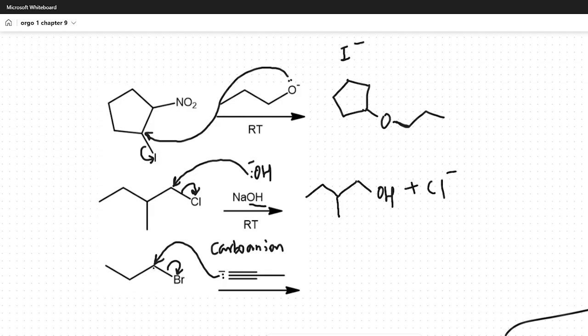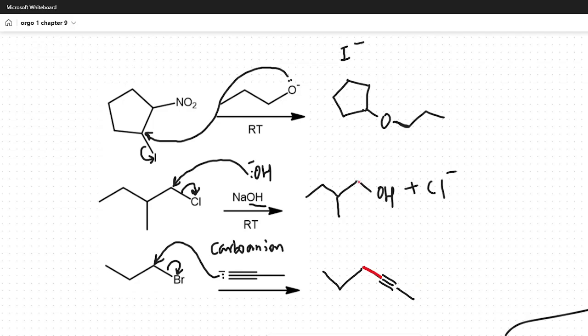So this pair of electrons goes to this carbon, resulting in this carbon now being bonded with a triple bond. And because the triple bond has a linear geometry, this new bond is going to be highlighted in red, that's newly formed.